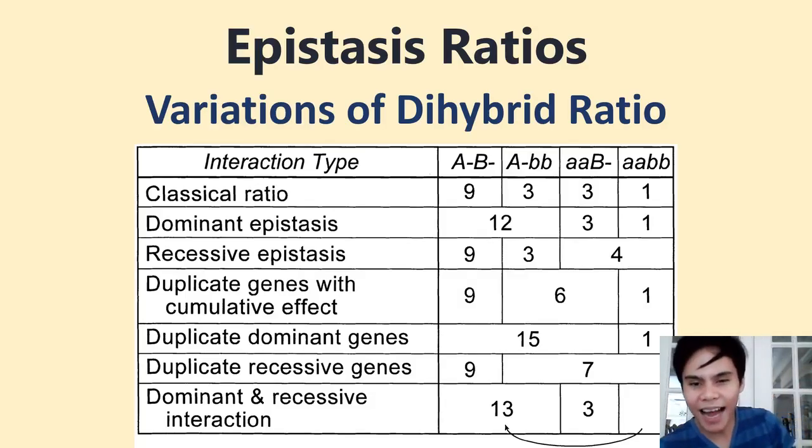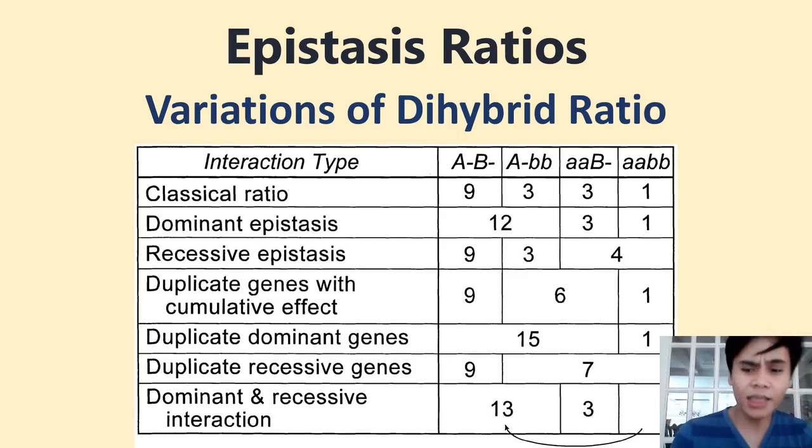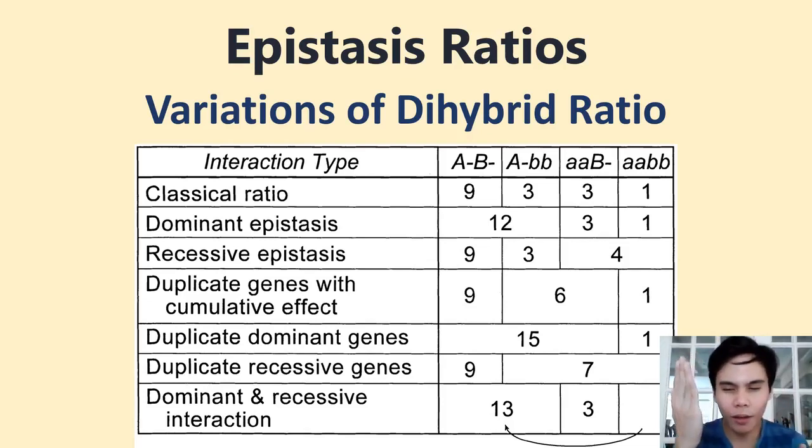So the classical dihybrid ratio, the one that I asked you guys to memorize after we had our example of dihybrid cross, is 9:3:3:1. 9 both dominant, 3, one of them is recessive, 3, another one is recessive, and 1 for both recessive. For epistatic ratios, again, one gene will affect another gene. Okay?